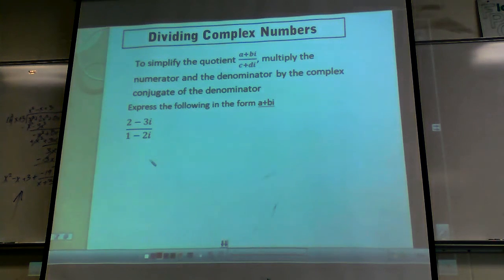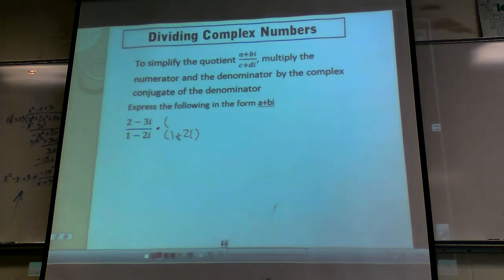You could still have fractions in there for a and b. You just don't want it all on one level like this, or two levels like this. So you would multiply top and bottom by the complex conjugate of the bottom, which is just simply changing it to plus 2i.